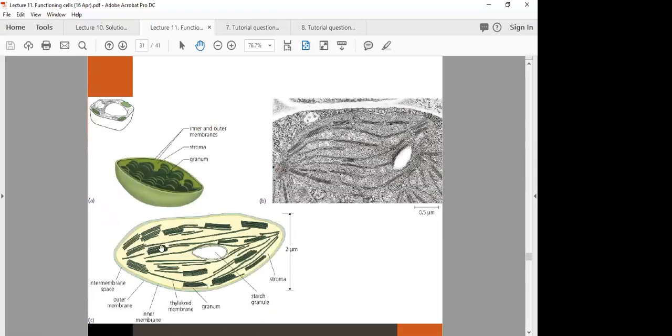They contain the pigments and protein and enzyme complexes involved in photosynthesis. Here we can clearly see these stacks of thylakoid membranes. Each one is called a granum. The fluid interior of the chloroplast is referred to as the stroma.